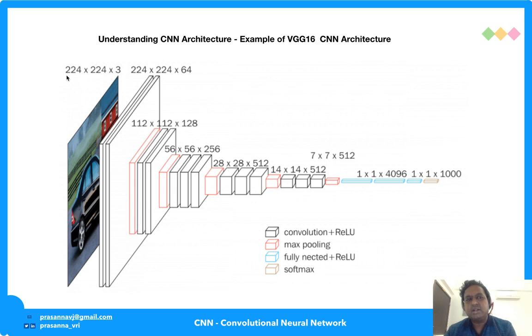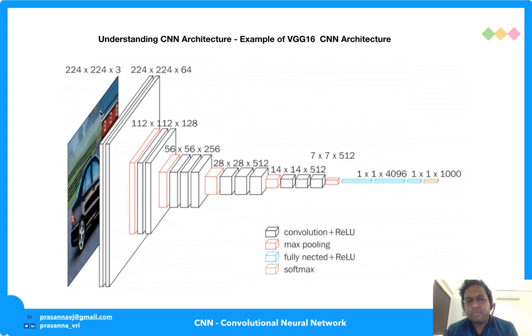So what is this 224 by 224 by 3? Specific to this image, it represents that the image's size is 224 by 224, and the 3 represents the number of channels this particular image has.